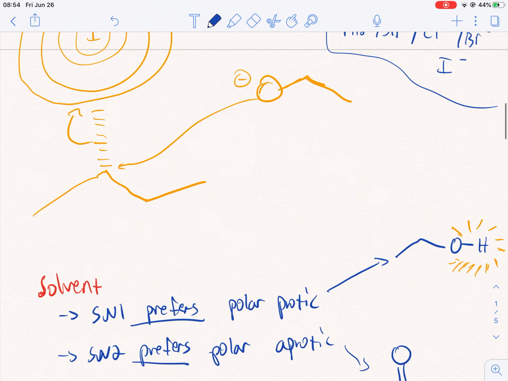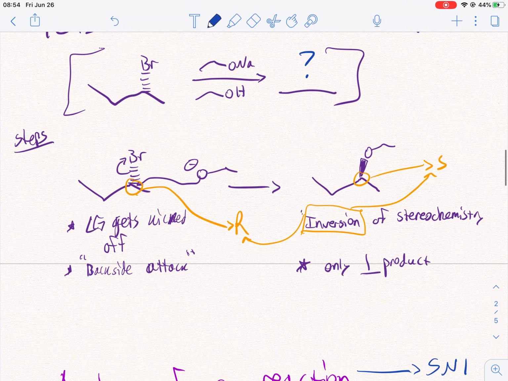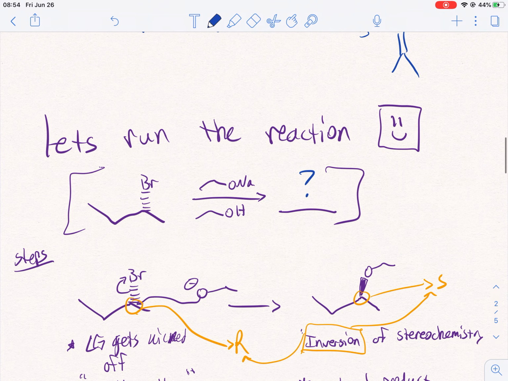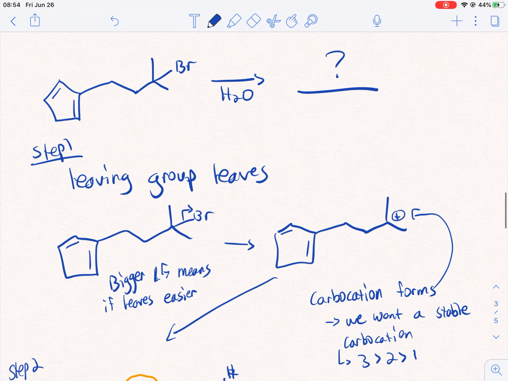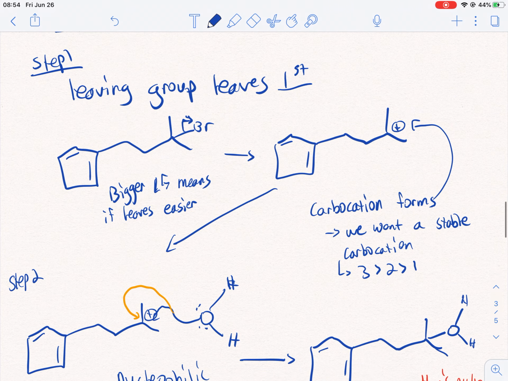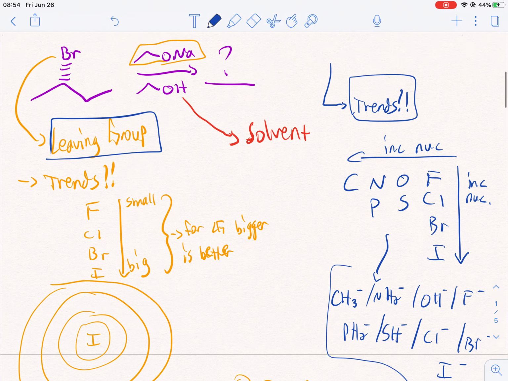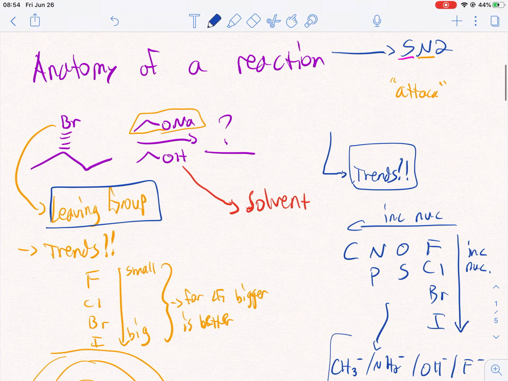But that's an SN2 reaction. In an SN1 reaction, the leaving group leaves first, right? And that causes a couple things to happen, and we're going to go to that, right? But that's one of the main differences between these two reactions: what the leaving group does, right? If the leaving group leaves first, it's SN1. If it leaves as it's attacked, it's SN2.